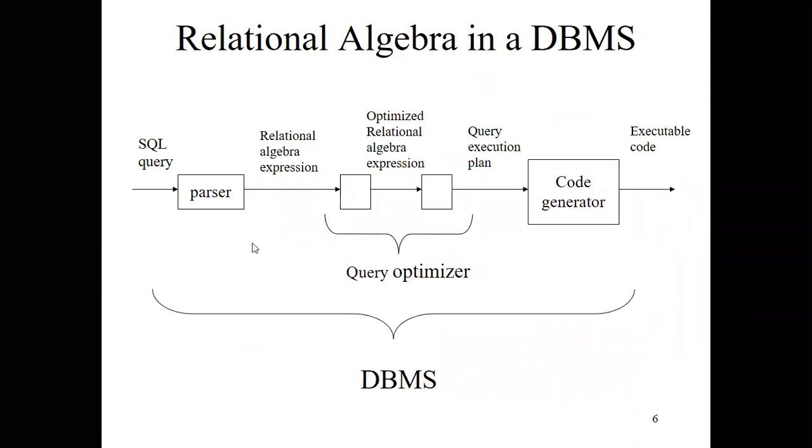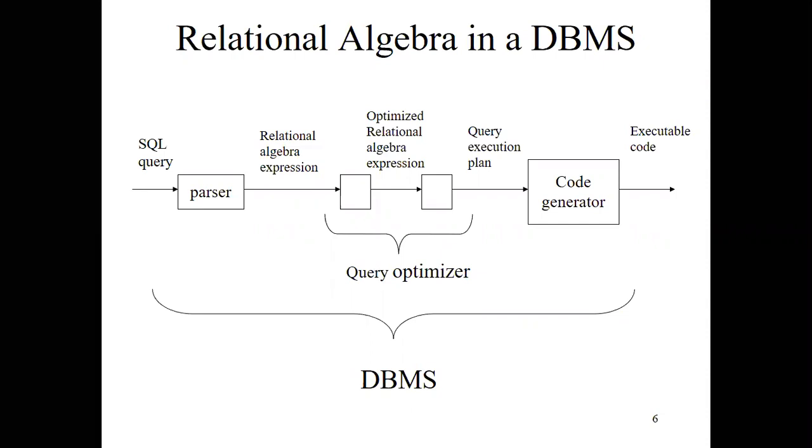So next we move on to relational algebra in the DBMS. What is the role of relational algebra in the DBMS? Relational algebra is basically used in the design of transactions and forms the conceptual basis for SQL.